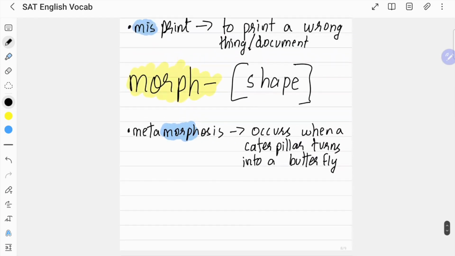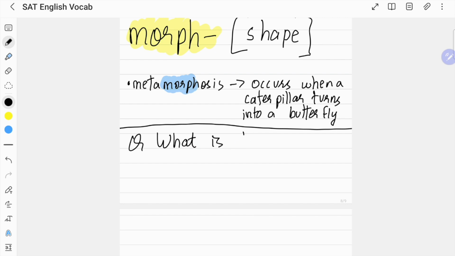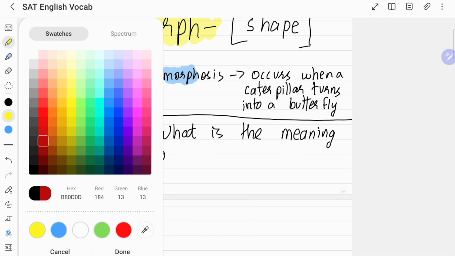Now that we know the meaning of morph, let's do a trick question. The question is, what is the meaning of, I'll write this in yellow. Actually, no, that was a bad idea. I'll write it in red.